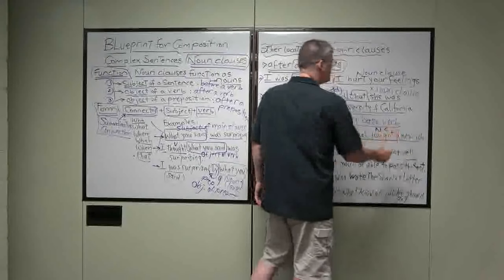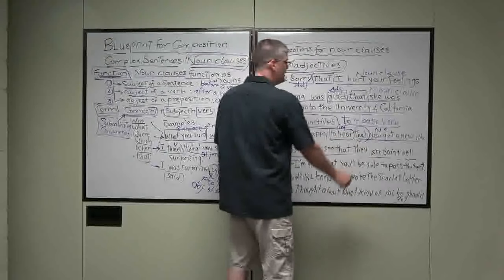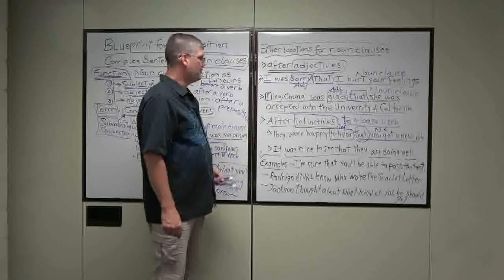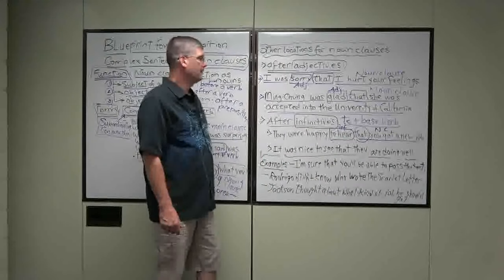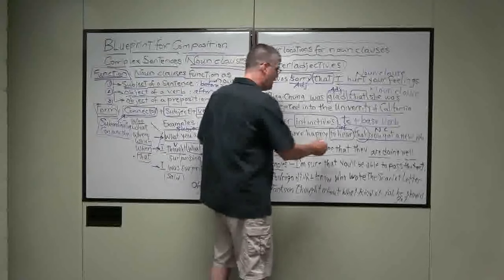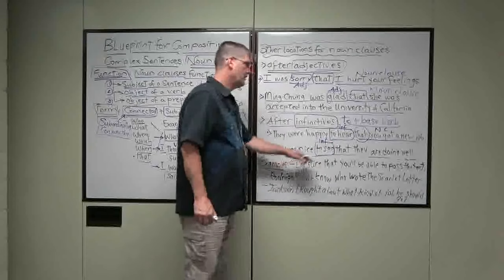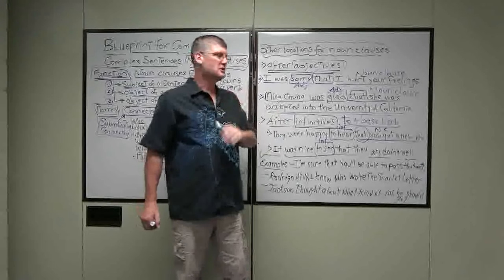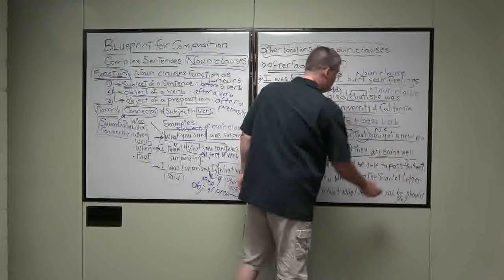So this is a noun clause, I'll abbreviate that NC. Here's your connector, again, the word that. Second example, it was nice to see that they are doing well. Where's our infinitive? Our infinitive is right here, the infinitive to see. To plus a base verb, to see, to plus a base verb, to hear. So this is an infinitive followed by a connector, that they are doing well.